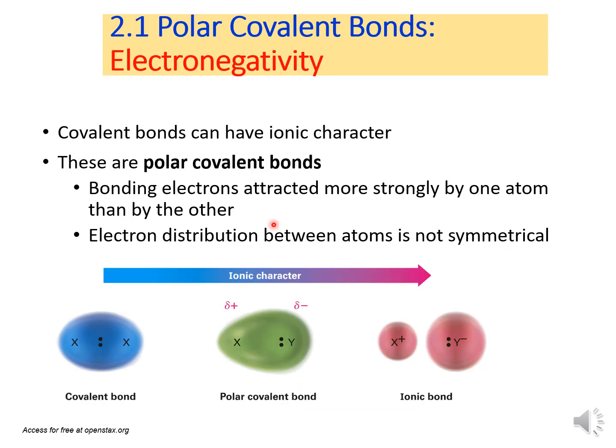As I was saying in the beginning, if the electrons are shared equally between the two atoms, that happens when the electronegativity of the two atoms is exactly the same. Okay, so that would be a case of pure covalent bond. Now, if the electronegativity of one of the elements is much higher than the other, then the electrons are completely transferred to the more electronegative element, and that results in the formation of an ionic bond.